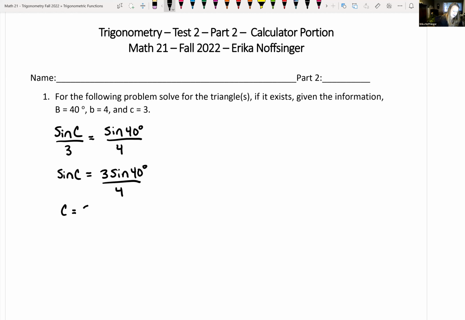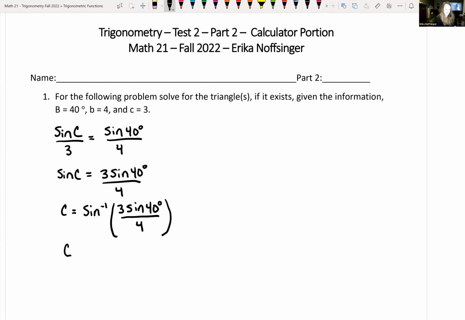So taking the sine inverse of both sides, we would get sine inverse of sine of C is C equals sine inverse of the quantity 3 sine 40 degrees all over 4.